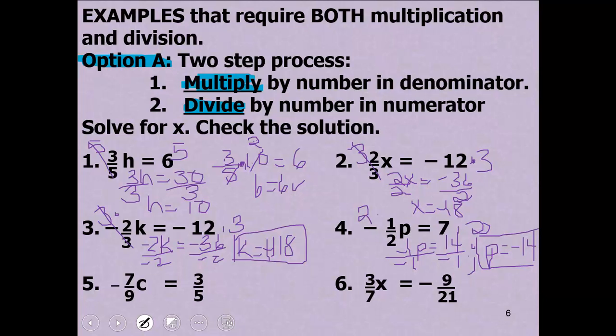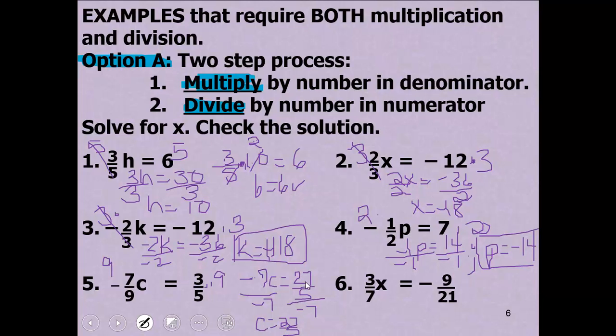Okay, 5. I'm going to multiply both sides by 9. I get negative 7c is equal to 27 over 5. Now I'm going to divide by negative 7. All right, so now I get c is equal to 27 over 5.